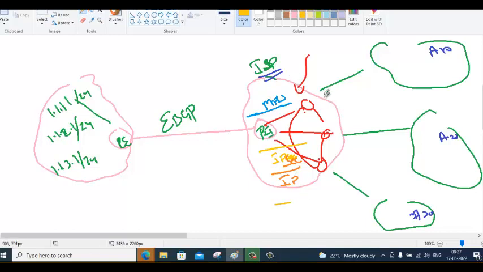Okay, yellow. Yellow means IPsec. And orange means IP. Blue means MPLS. They have already predetermined this.